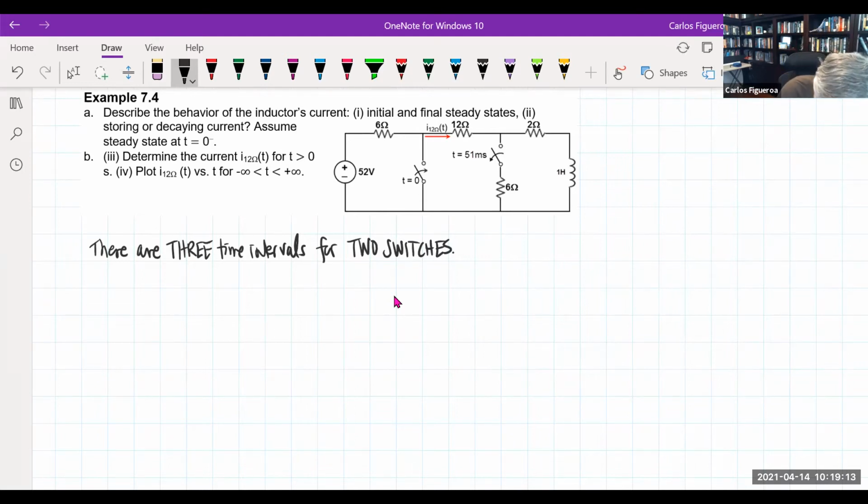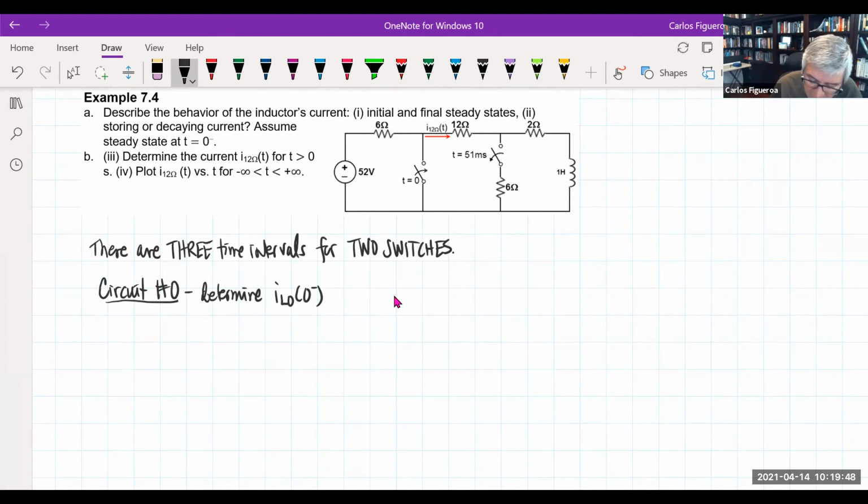The first circuit, which I'm going to call circuit number 0: since I have an inductor in my circuit, I'm going to pay attention to what that inductor is doing. What I'm going to do in this circuit is determine IL of 0 minus.